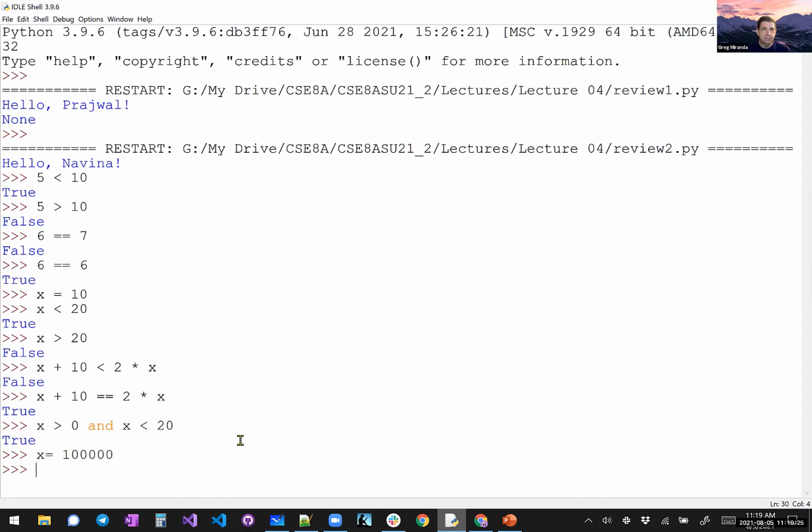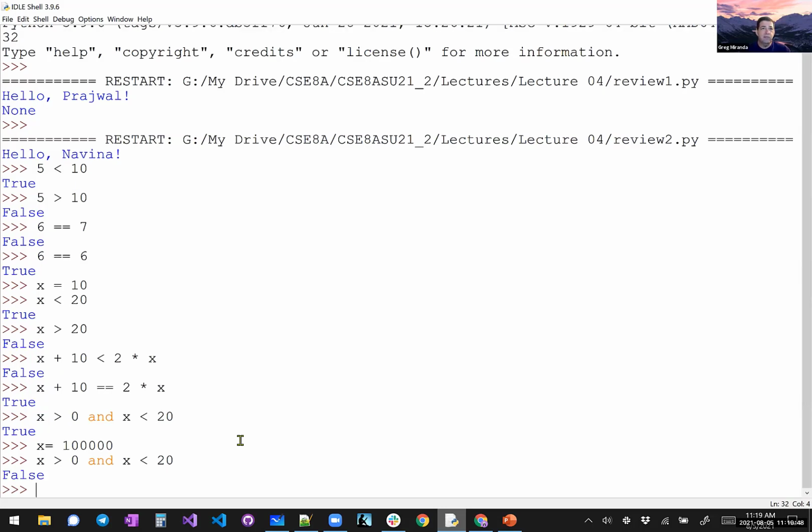How about 100,000? Now, x greater than 0, well, that's true. 100,000 is greater than 0. X less than 20, no, that's false. 100,000 is much greater than 20, not less than 20. So the second statement is false, and because it's false, the whole thing is false. So it's only true if both sides are true.